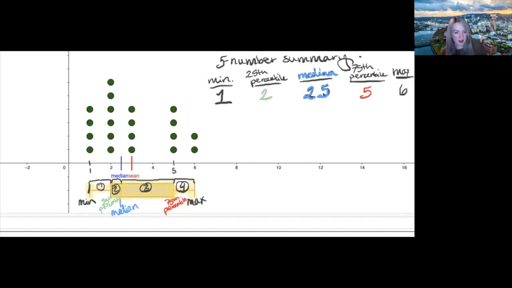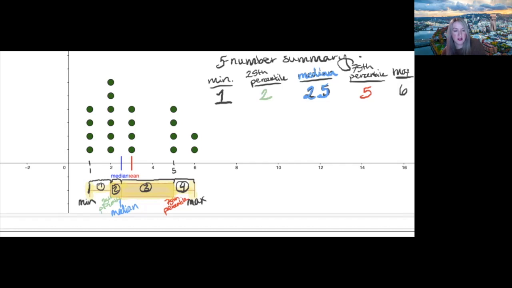What the box plot is telling us is how spread out each quarter of the data is. So if I ask how spread out is the quarter of the data between the median and the 75th percentile? Oh, it's the most spread out part of the data. It goes from 2.5 to 5.